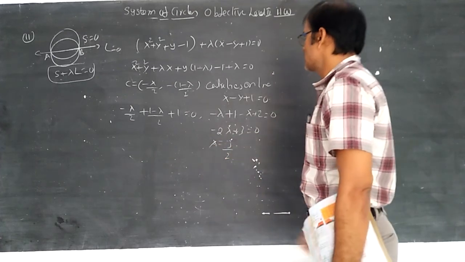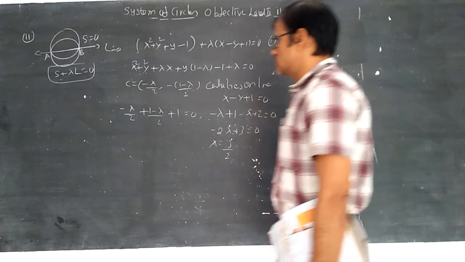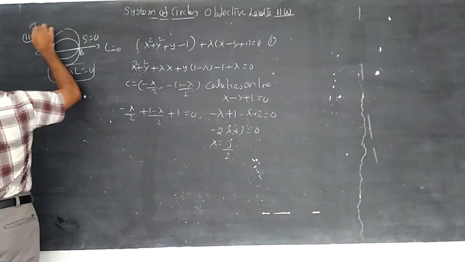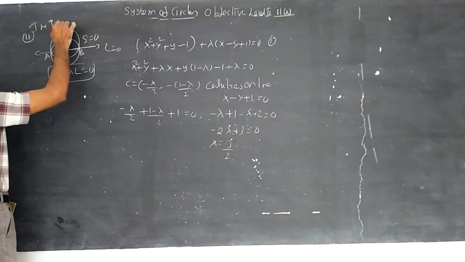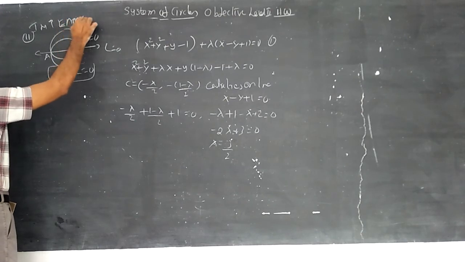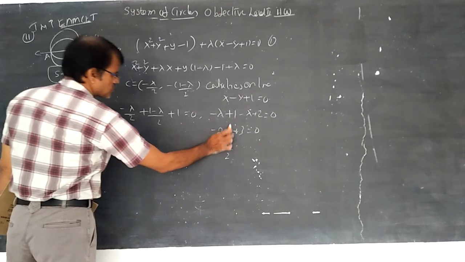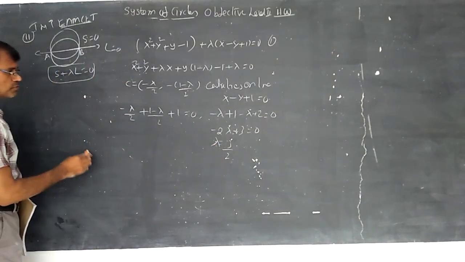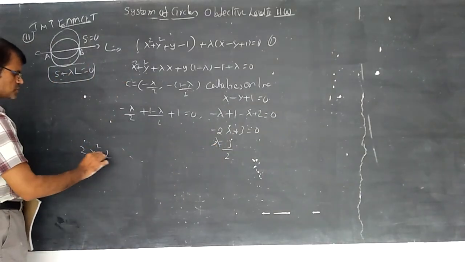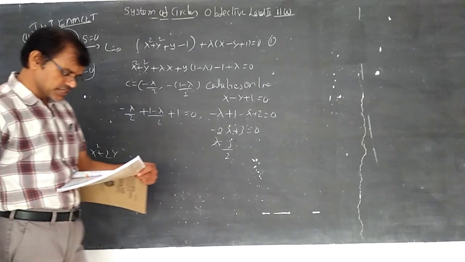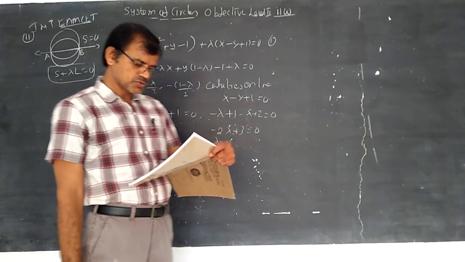This lambda you should substitute in 1. This type of question is frequently asked in MCQ. So you can write this one, better to do with constants. Of course, 2 are there.